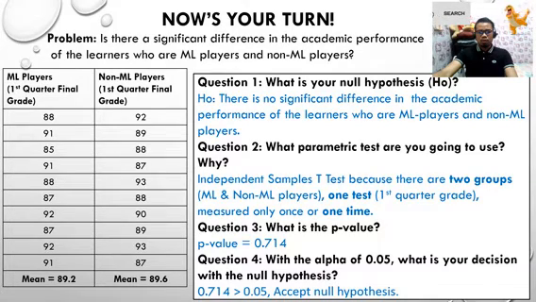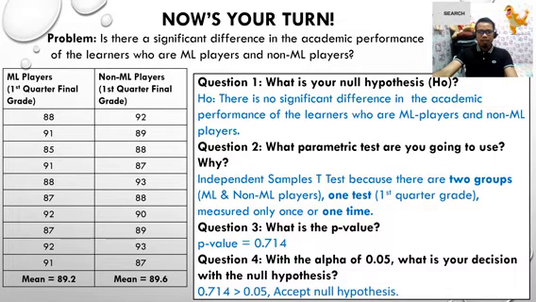So the answer is independent samples t-test. Why? Because there are two groups, ML and non-ML players. One test, we get their first quarter final grade, and it is measured only once per group.